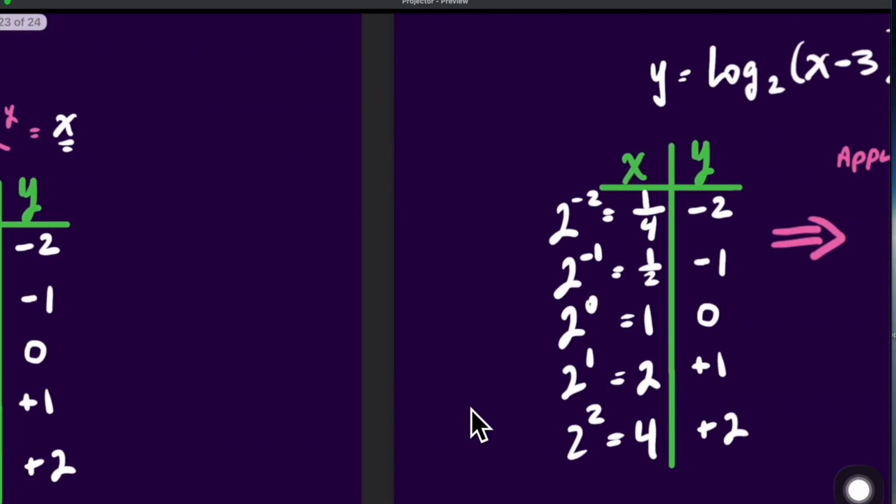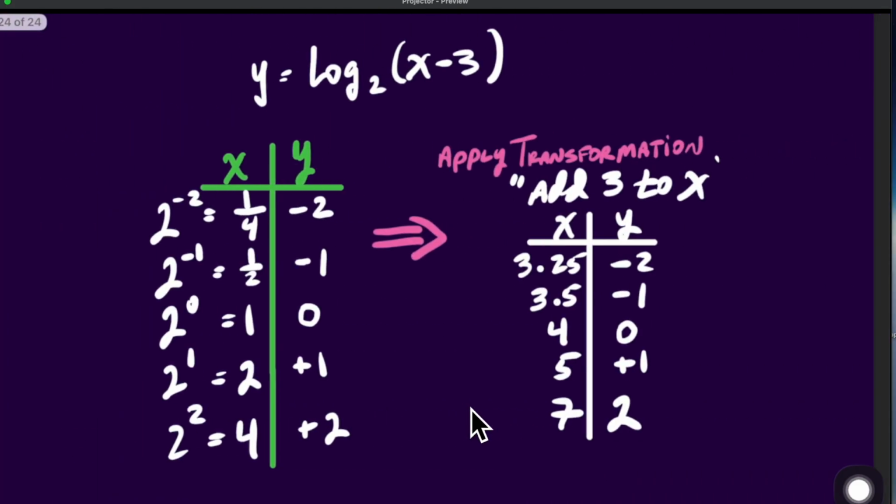Remember, the inside of the function lies. So here, even though it says x minus 3, we're going to end up adding 3 to all the x values. Now we're going to keep the y values as is, and we're going to add 3 to each of the x values, keeping the y values as is, and this is going to result in the following table.